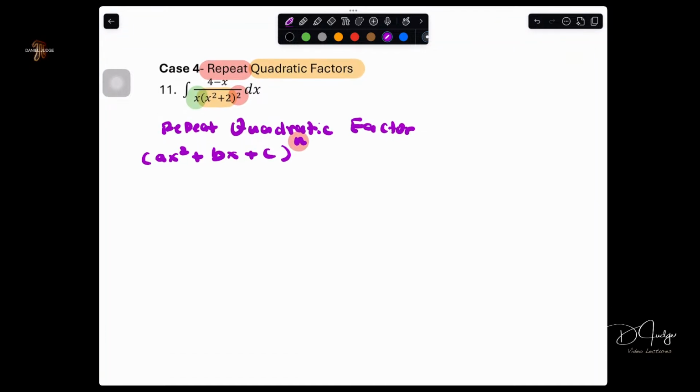So for partial fraction decomposition, here's what we do.